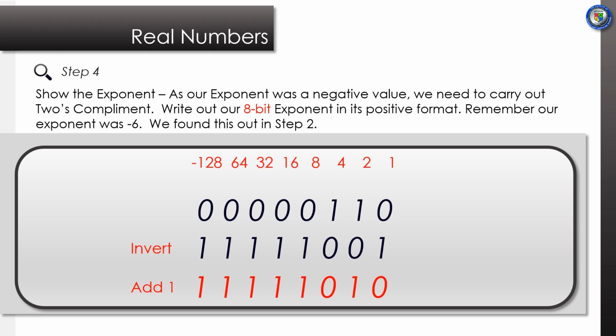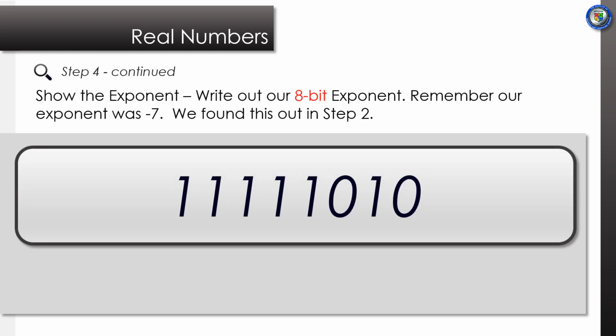In this case, remember that the first unit place already had a 1. Therefore, this is turned to a 0, and we move up the unit placings to an appropriate place, which is our second under the number 2. We then turn this to a number 1. We can then show and lay out our 8-bit exponent in negative format. 11111010. This is our exponent.